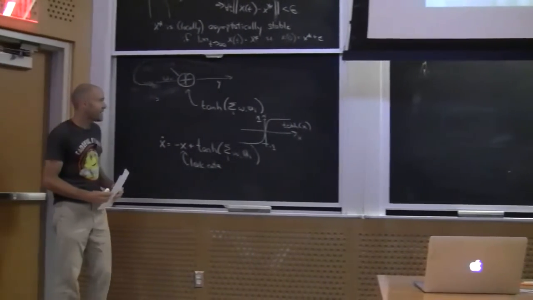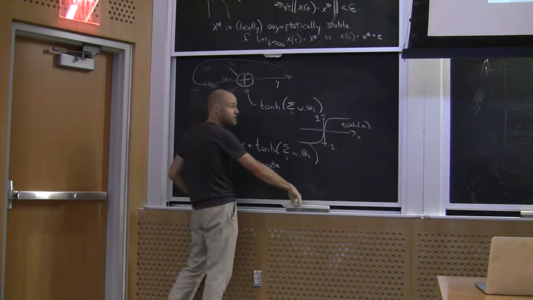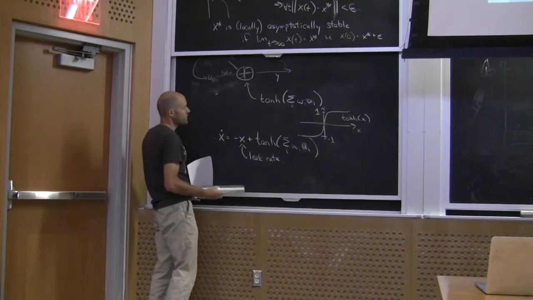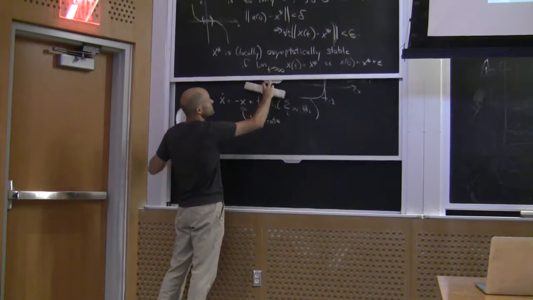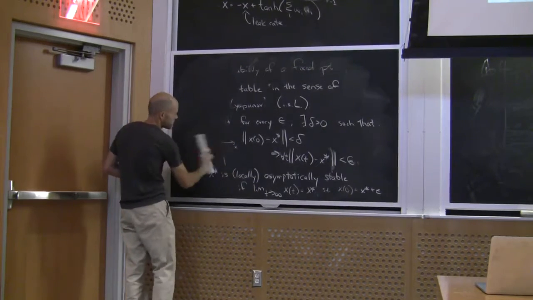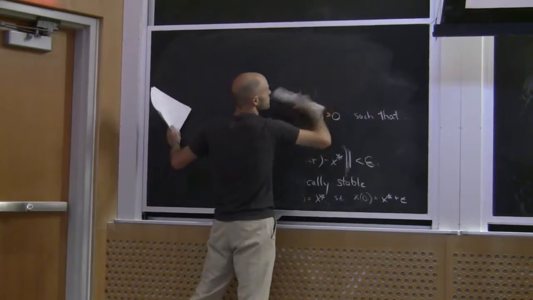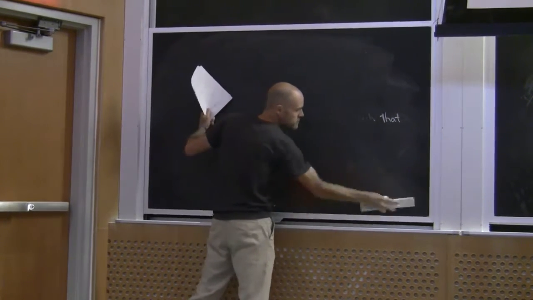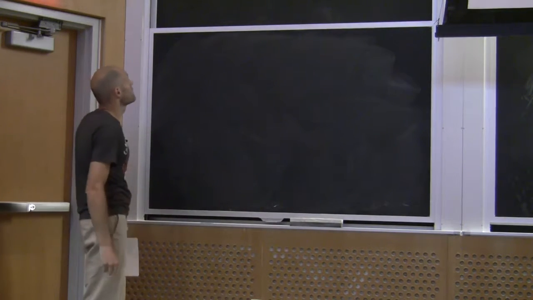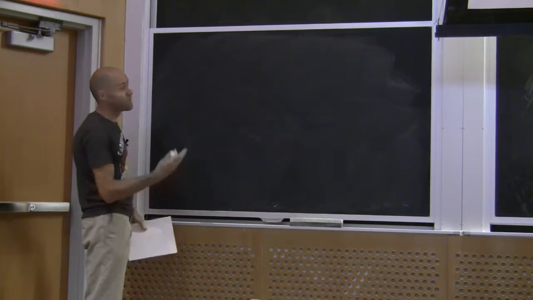So let's think about why an autapse is an interesting idea for memory. We can think about it by doing graphical analysis. Let's plot x dot equals negative x plus tanh of wx.